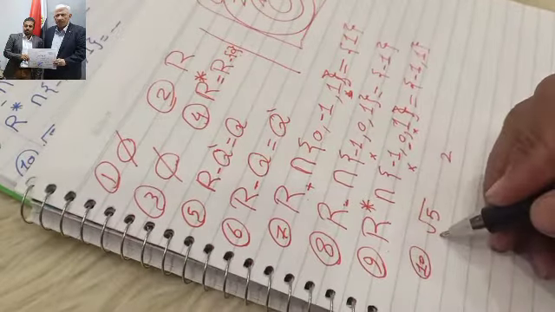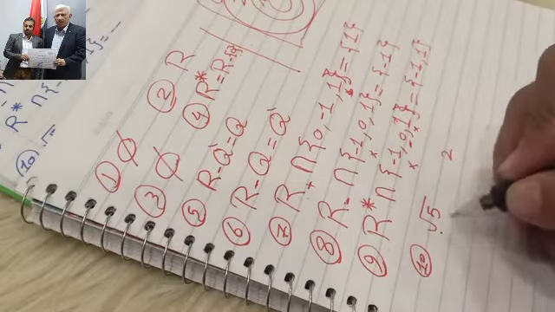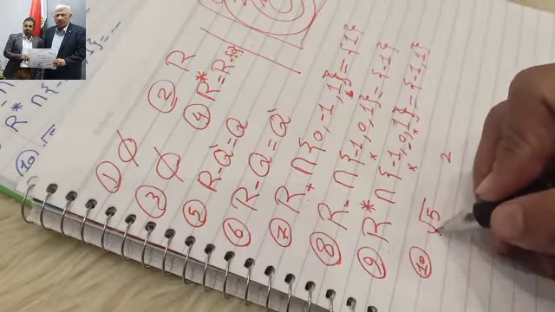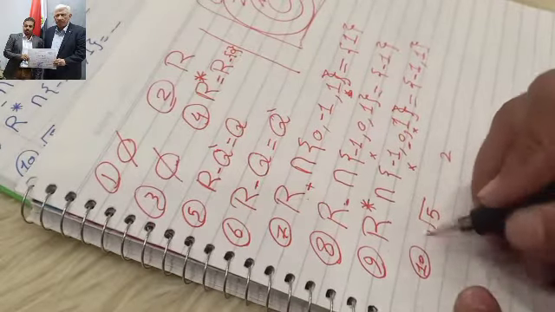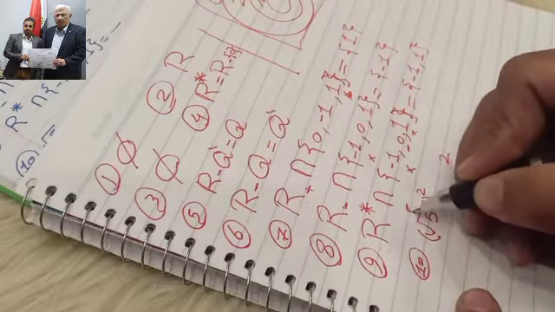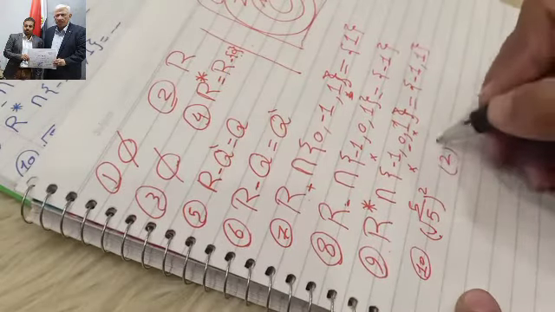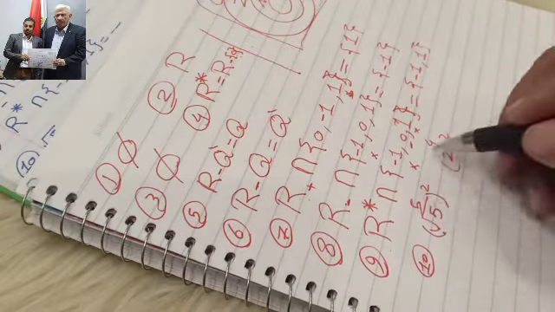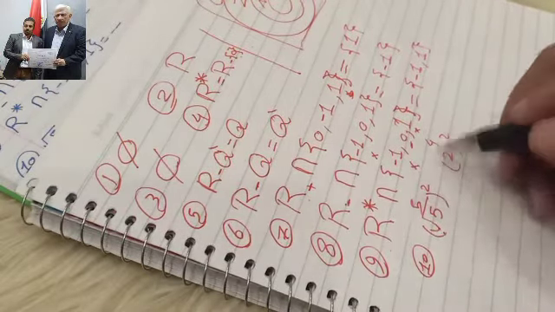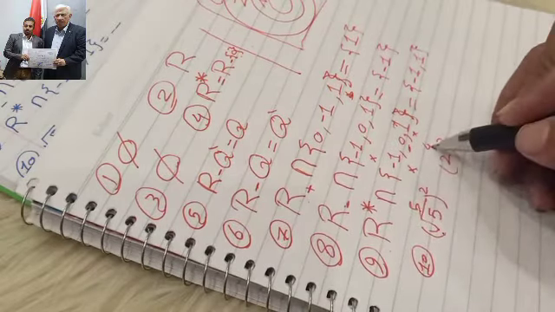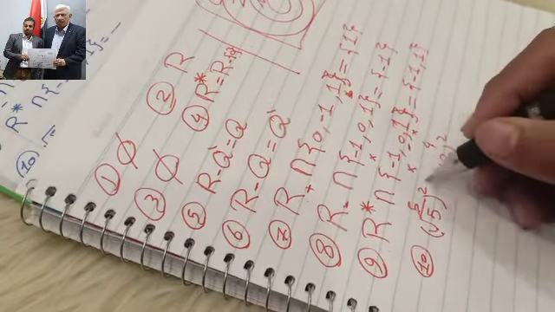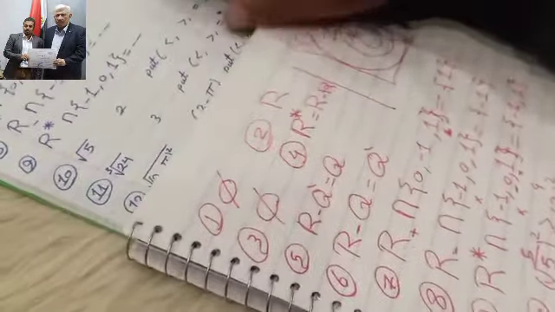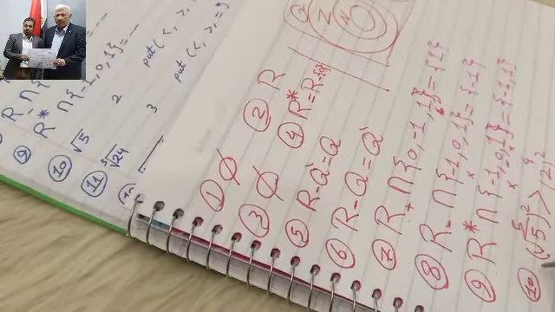Take the square of both. Root 5 squared equals 5, and 2 squared equals 4. Now compare 5 and 4. 5 is more than 4. By this way I determine which is the greater number.